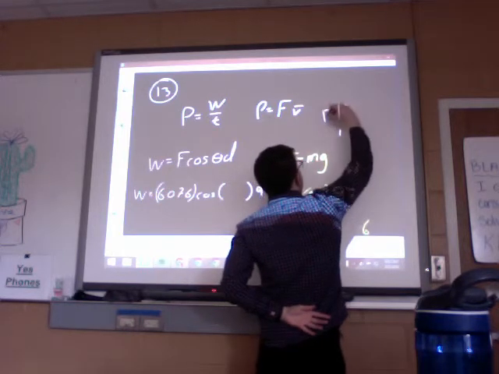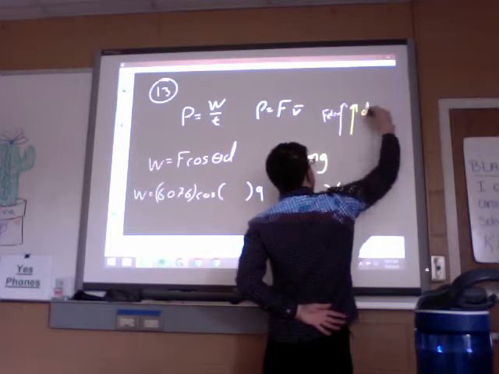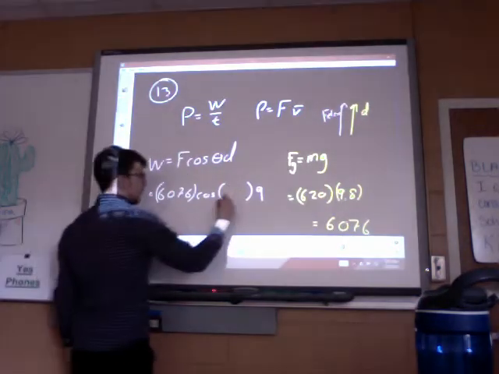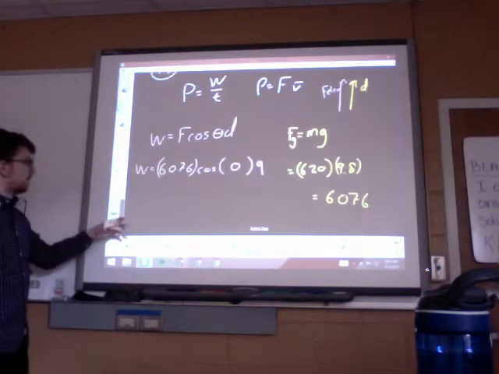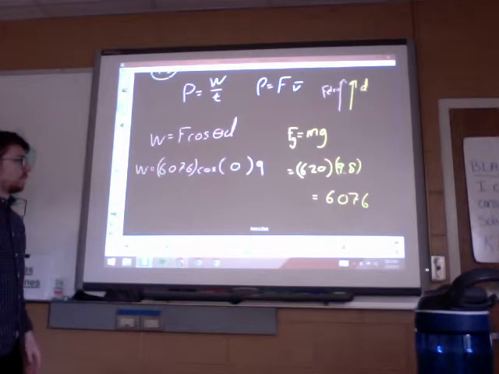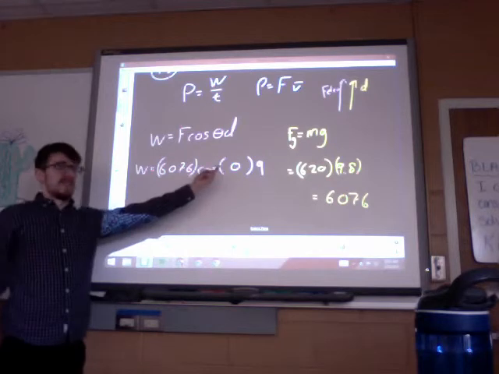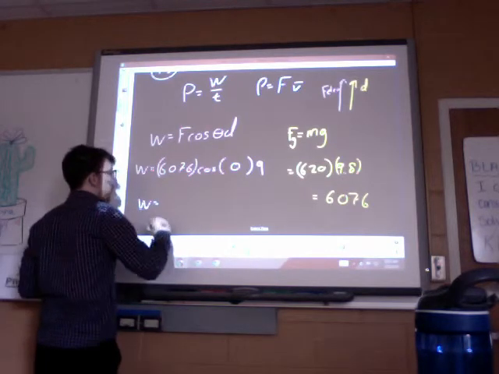Force elevator is up. Distance is also up. So there's our 0 degree angle. So 0 degrees. And little side note, if I ask you for power, it's going to be a 0 degree angle. So that's another way to remember it.